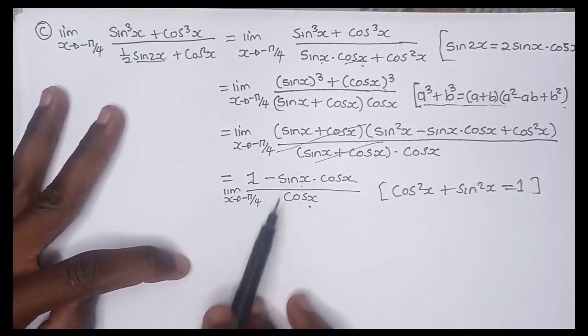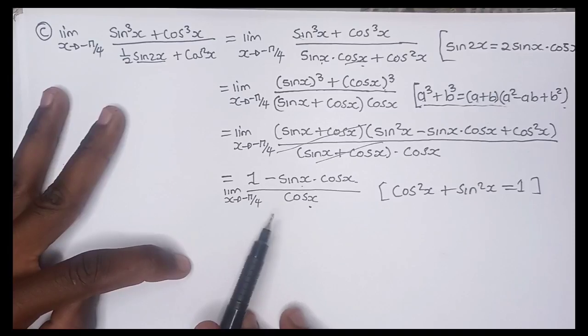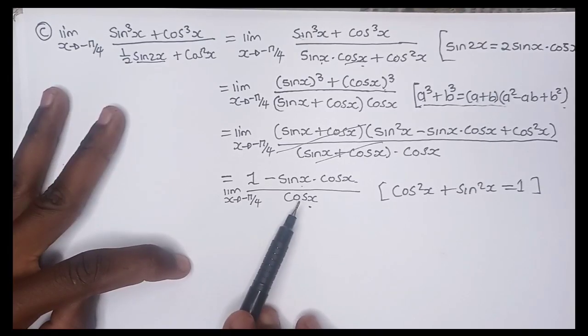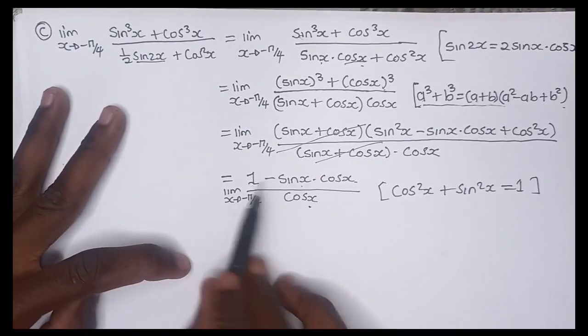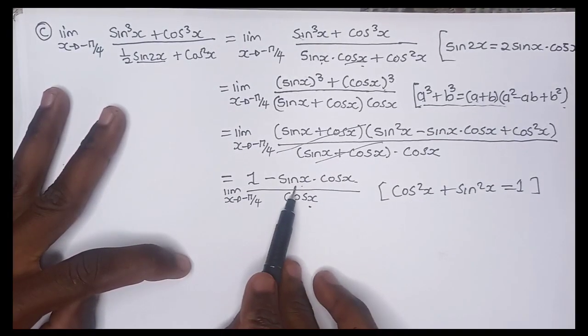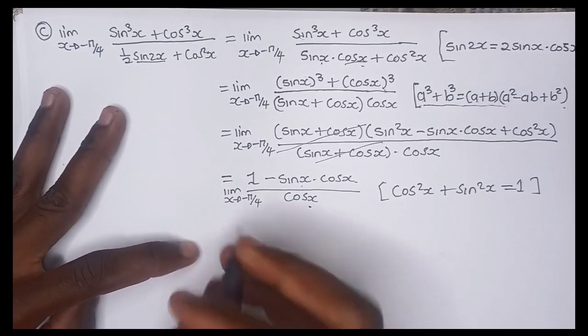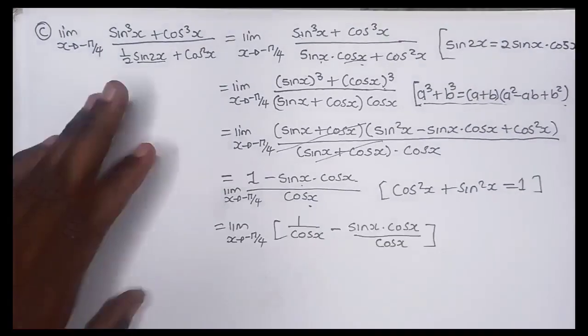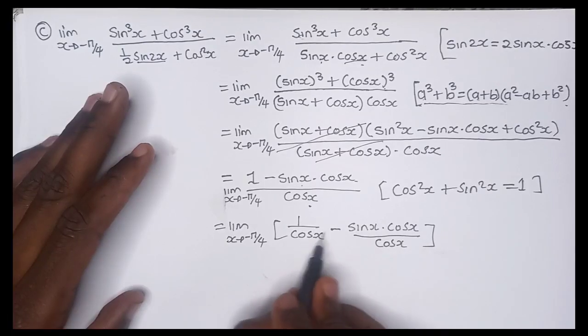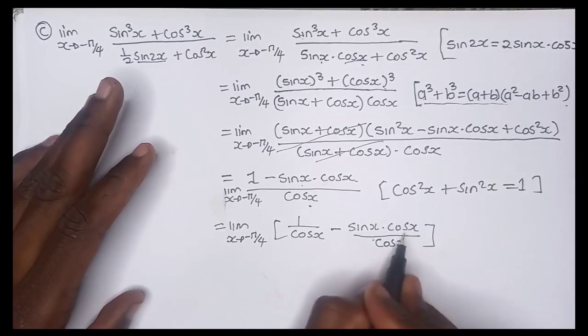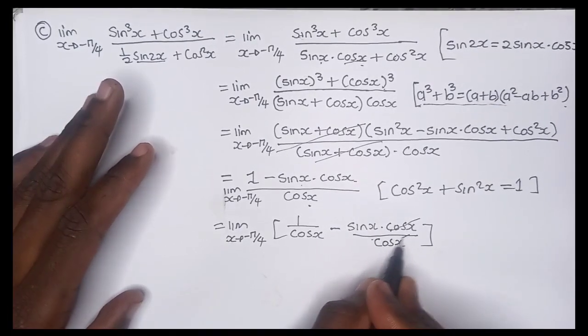Proceeding further, simplifying this limit, I'll have to divide by cos x from 1 and also from sine x cos x. As a result, you can see in my second term of this limit, cos x will cancel out cos x.